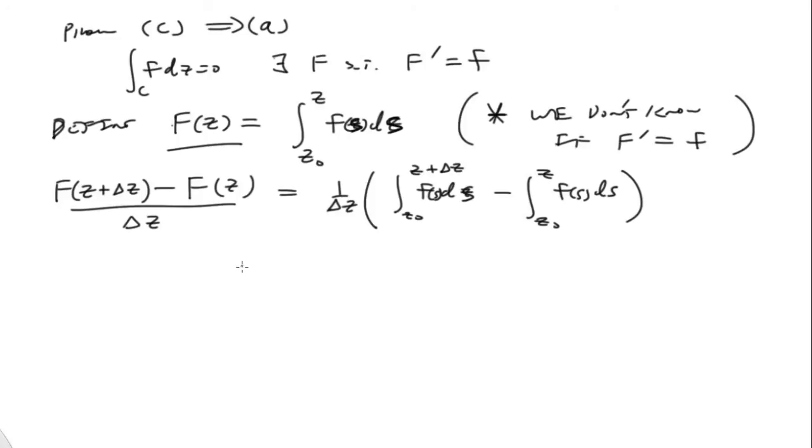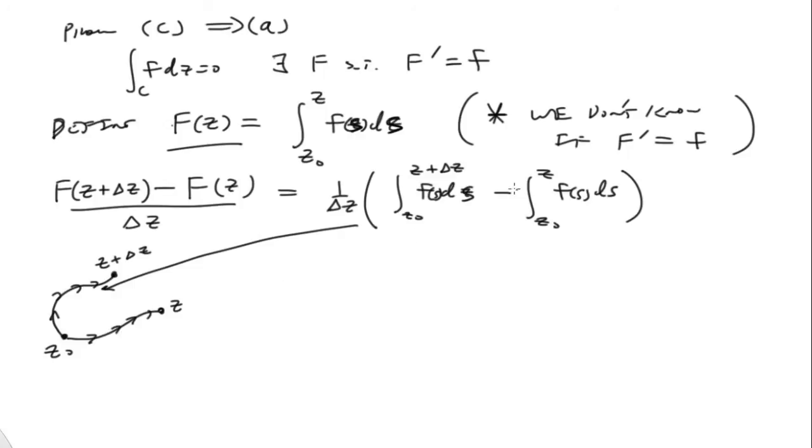Okay, all right. So first of all, if z0 is some point here, and I'm going up to z plus delta z, and if I have another point out here at z, this represents that integral on that contour this way, and this one this way.